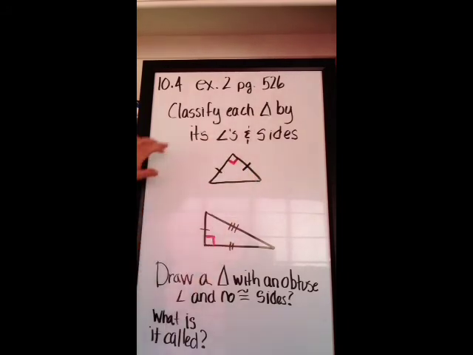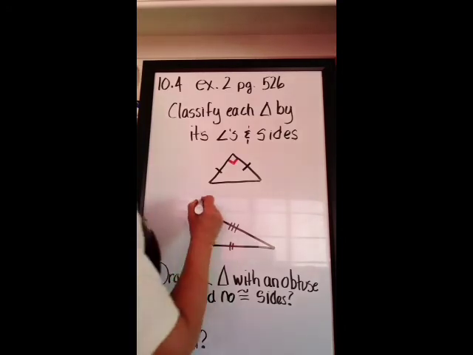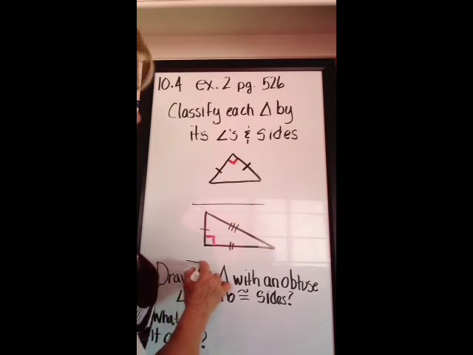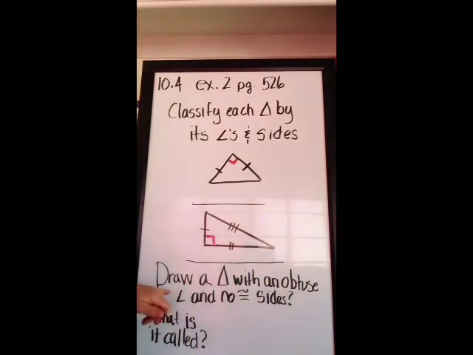Classify each triangle by its angles and sides. So classify this triangle, just name it, and this one. And then you want to draw a triangle with an obtuse angle and no congruent sides, and write what it's called. All right, there you go.